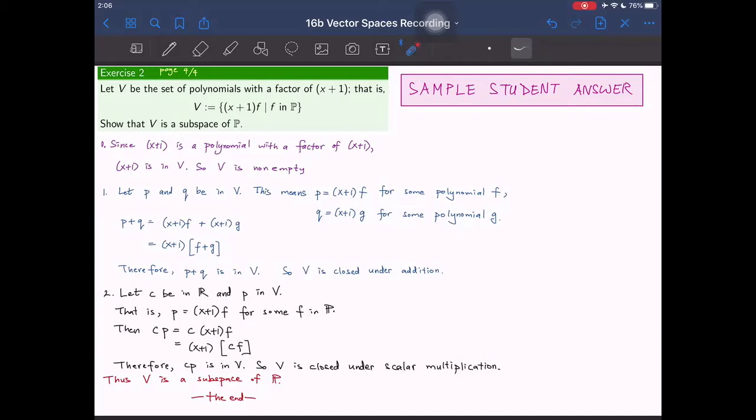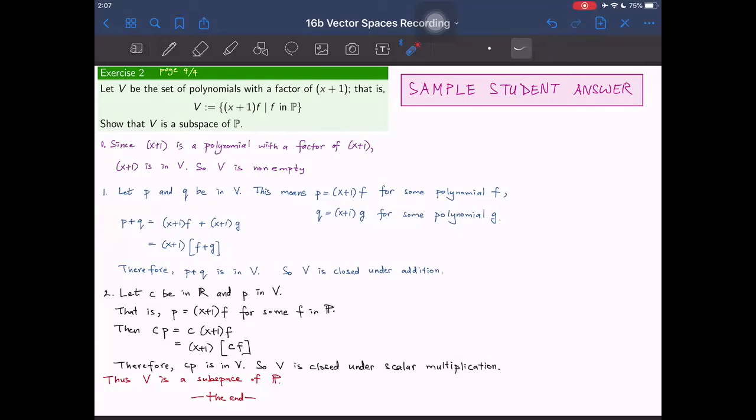You show that the set is non-empty by just making sure there's one element satisfying the rule of the subset, and often you can just use the 0 element. And then you also want to show that the set is closed under addition, and you start the same way by saying let 2 elements be in your subset, and then you write down what it means to be in your subset, and you show that P plus Q, the 2 elements, stays in the subset.